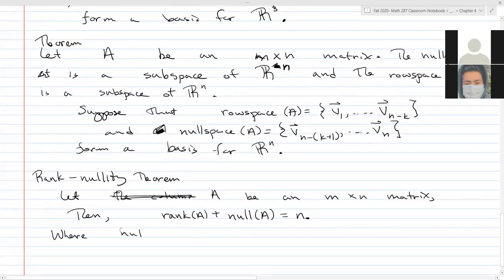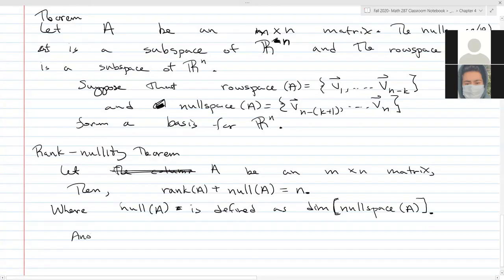Where nullity of A is defined as the dimension of the null space of A. This whole thing here is the rank-nullity theorem.